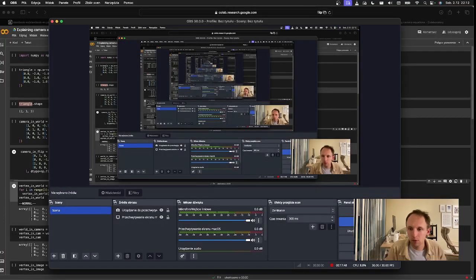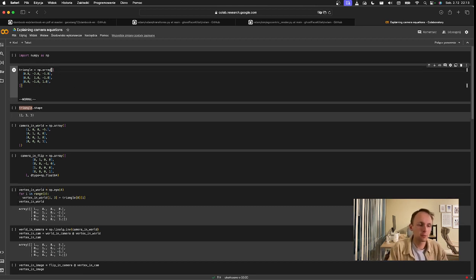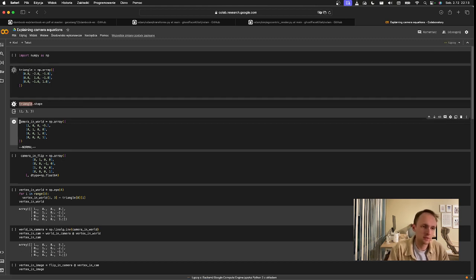All right, so I do have, where's my mouse? Here. Okay, so here I put my triangle x, y, z. Makes total sense, right? The shape of the triangle is different than it says over here.